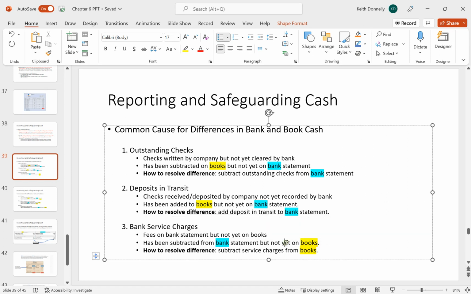However, you don't know about this until you get the bank statement. So it was subtracted from the bank's point of view, but from your point of view, you haven't subtracted it yet. To correct that, to resolve these differences, you would subtract it from your books. Bank has subtracted it, you haven't. To correct it, you need to subtract it.